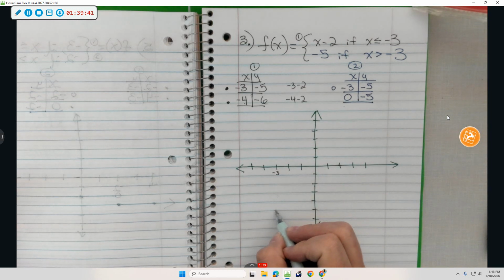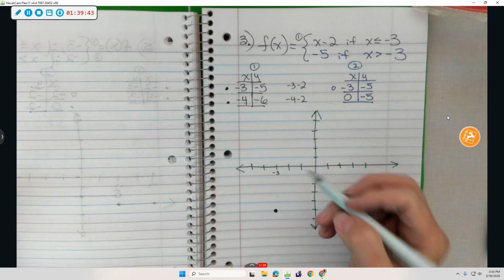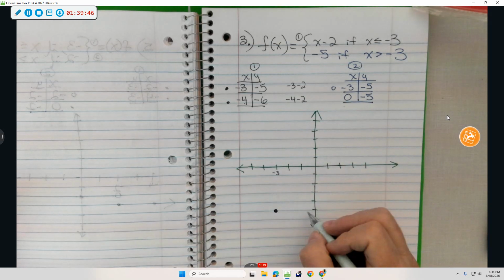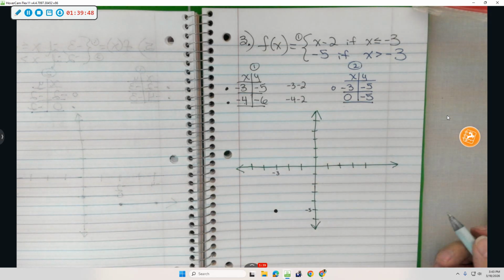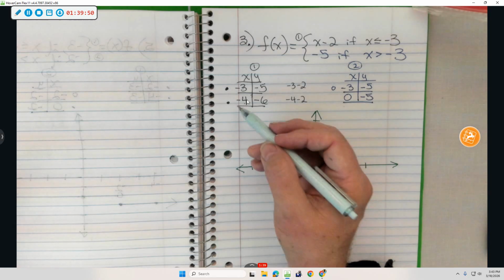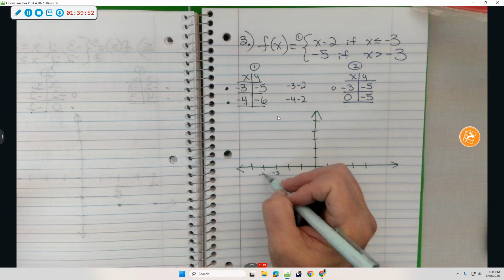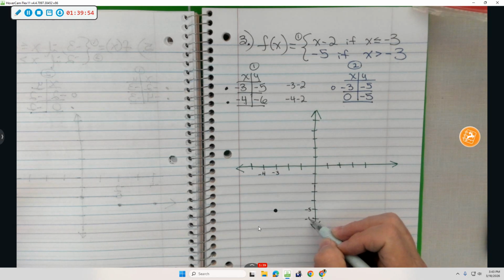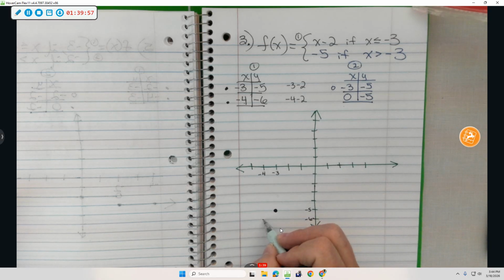I have a closed dot there. Left 3, down 5. Then left 4, down 6, right there.